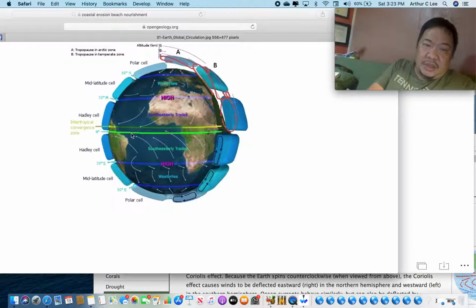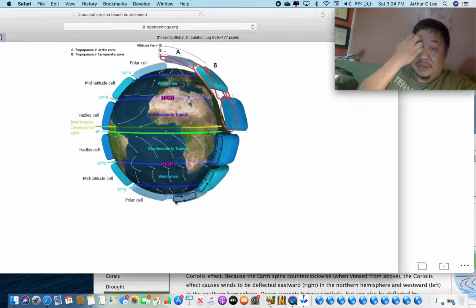Here you can see the equator. And here you can see latitude 30 degrees north, latitude 60 degrees north, and all the way up here the North Pole. Here you can see 30 degrees latitude south and 60 latitude south, and that's the South Pole.